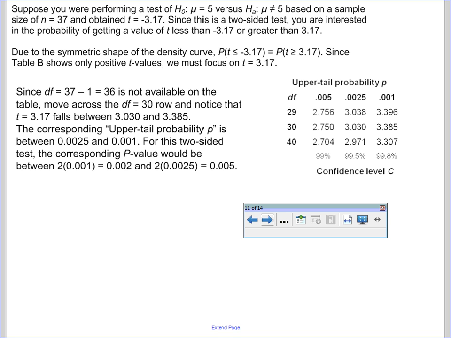So here's an example of using the table. Suppose you were performing a t-test of the null hypothesis mu equals 5 versus the alternative mu does not equal 5 based on a sample size of n equals 37, and you get a t of 3.17. So that means you're going to use this row, 30 degrees of freedom, because your degrees of freedom is 36.